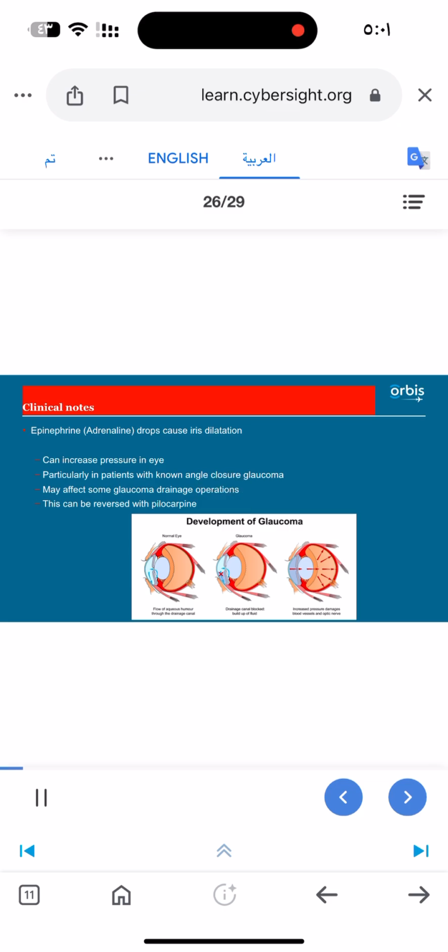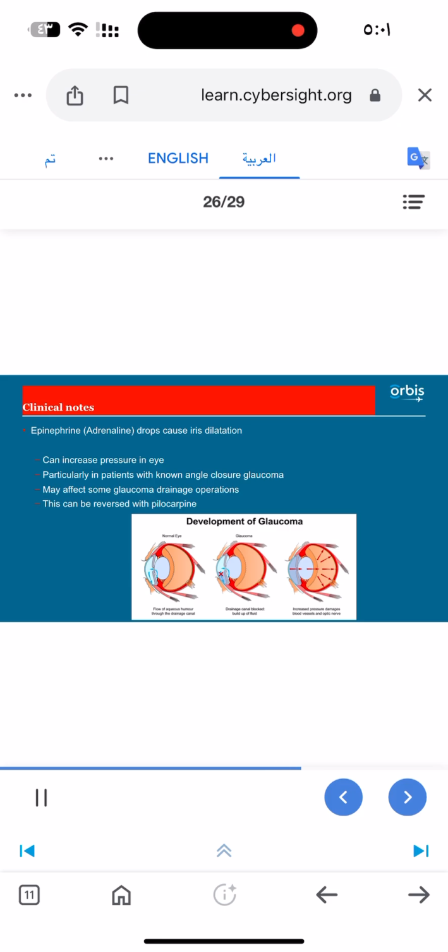Epinephrine drops are frequently used to reduce redness or bleeding during both surgery or local anesthetic blocks. In general, epinephrine drops cause no issues, but they can cause dilation of the iris, and this dilation can cause narrowing of the drainage angle in the anterior chamber and lead to an increase in the intraocular pressure.